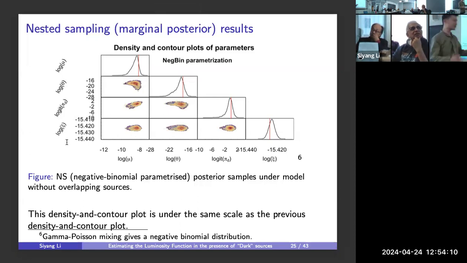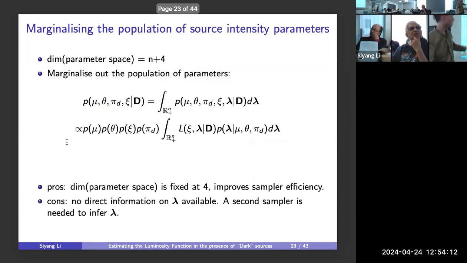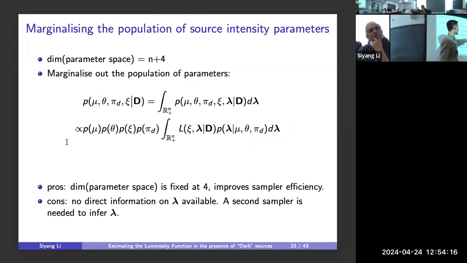Because here we are integrating out; this likelihood here is Poisson, and this prior here is a gamma distribution. So it's kind of mixing them together, and that gives, by some statistical results, the negative binomial distribution.